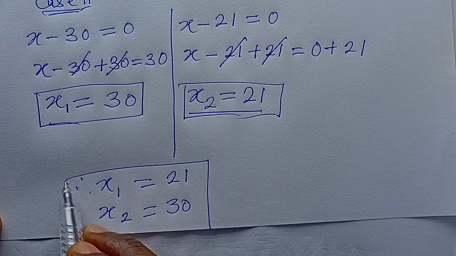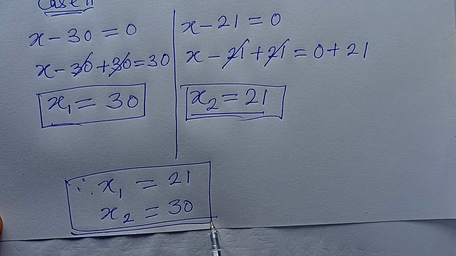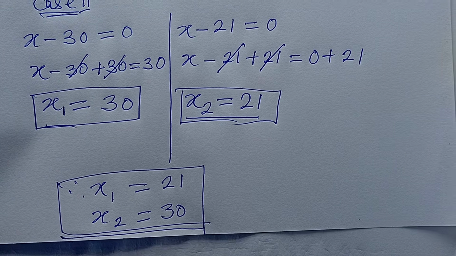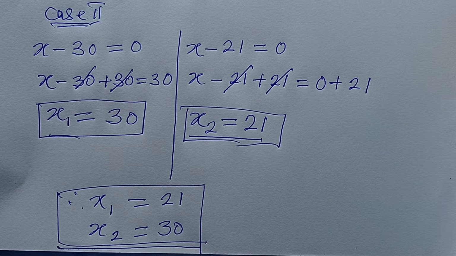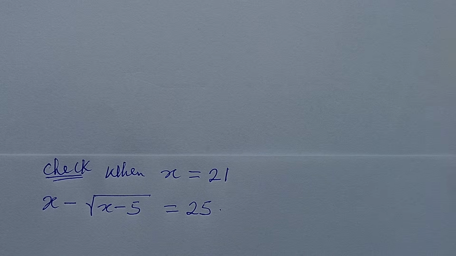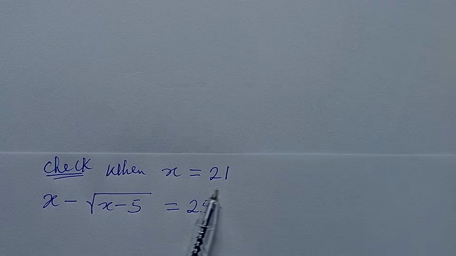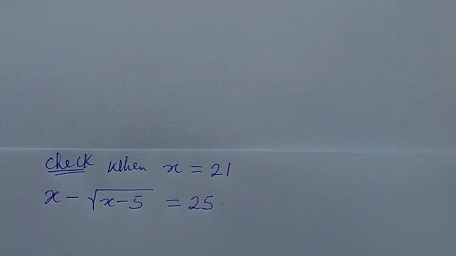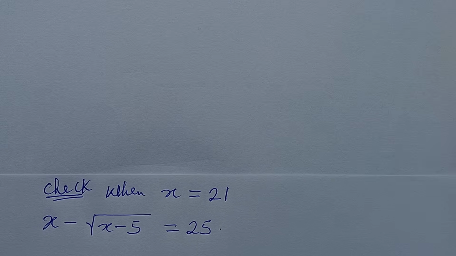Now, here comes the part where most students have issues: verifying the roots of this equation. So how do we verify the root? Let's take our check here now. When x is equal to 21, what will be the answer? In other words, will it satisfy the original equation? Wherever we see x, we put 21.